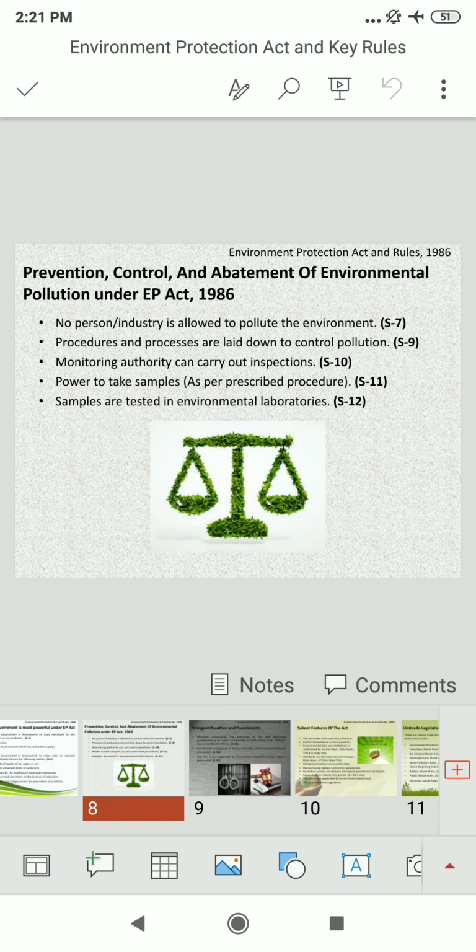The prevention, control, and abatement of environmental pollution under Environmental Protection Act 1986.